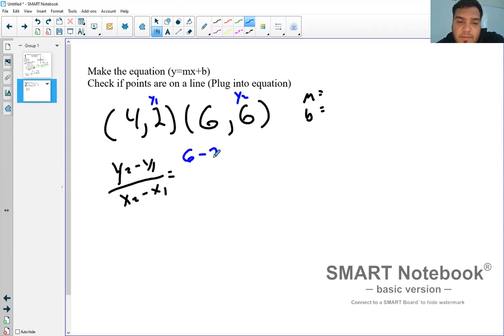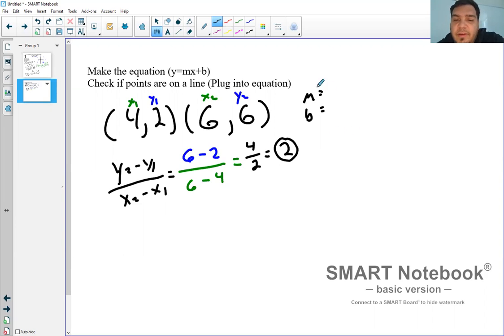So 6 minus 2 over 6 minus 4. So we get 4 over 2, simplify if possible, 2. So my slope is 2.